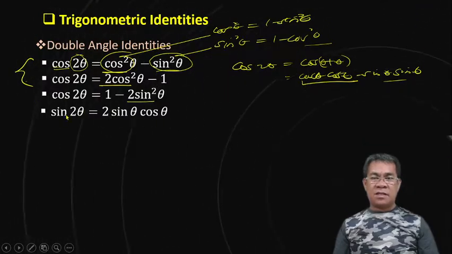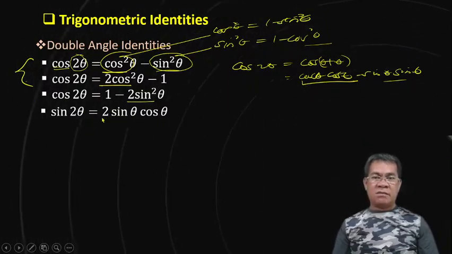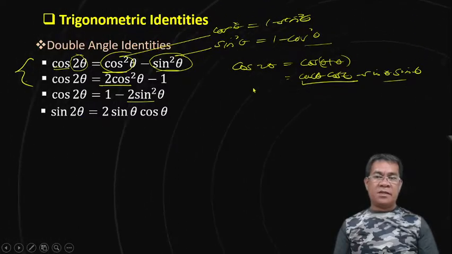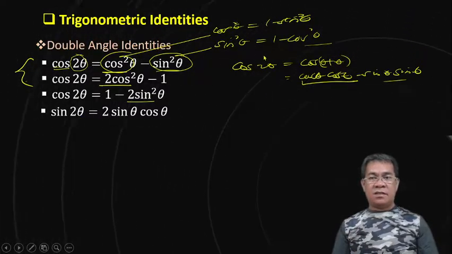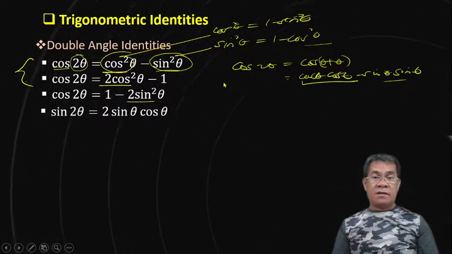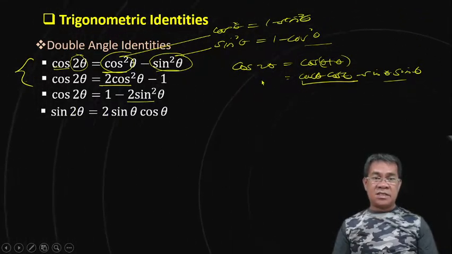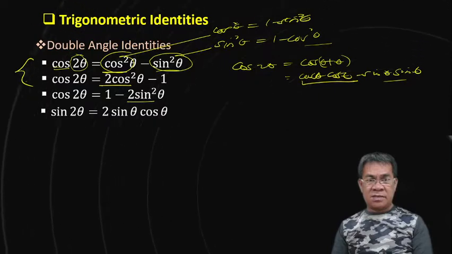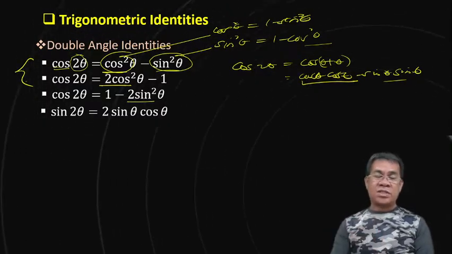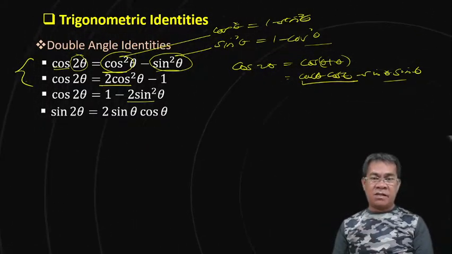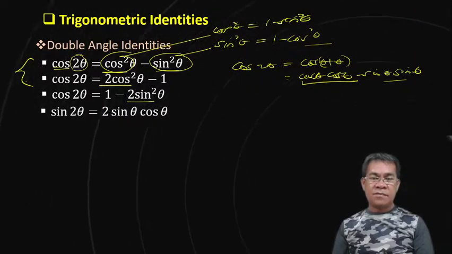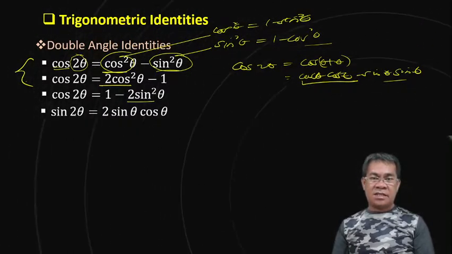This can be derived using the sum identity of sine. So theta plus theta, this is just the same as this one, but this is sin cos, cos sin. So they have the same angle, so it's twice the sine theta cosine theta.